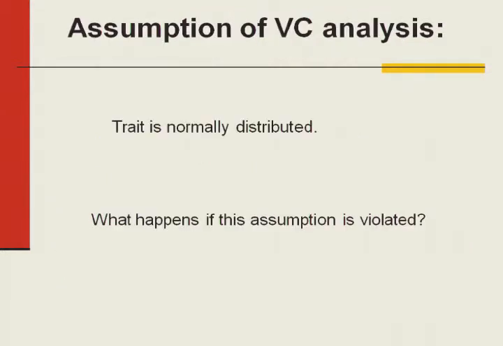Okay, one of the assumptions of variance component analysis is that our trait is normally distributed. You remember, we're viewing the world as a bell curve. What happens if that's not true? Because we all know that the world is imperfect and few things are the way the models conceptualize them.